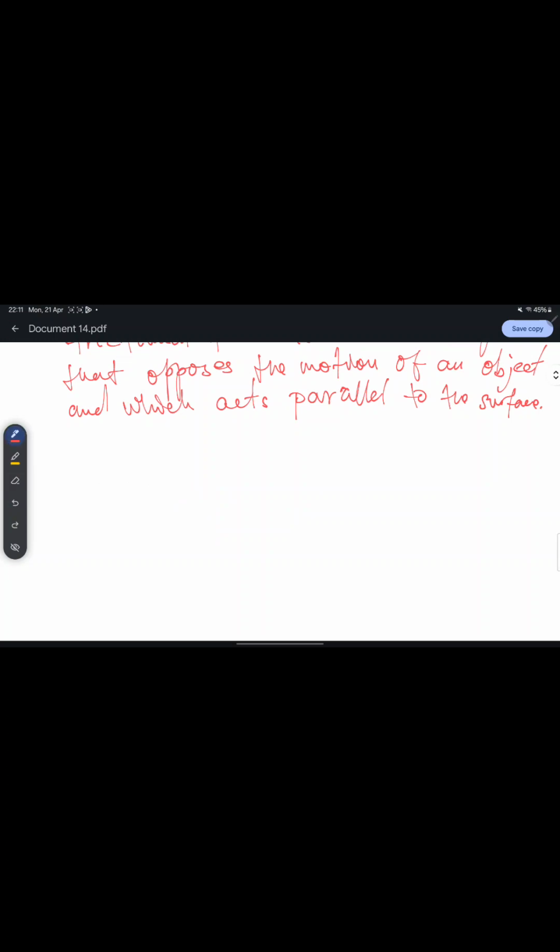So I want us to talk about static frictional force. It is denoted with a small f.